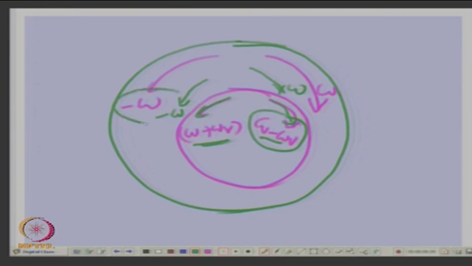So these two will be in synchronism and these two will be in synchronism, and which will produce a torque, and this we call the forward torque T1, and this will be the backward torque T2, is it not, due to the interaction of the stator forward field and rotor forward field on the one side, and rotor backward field and stator backward field.